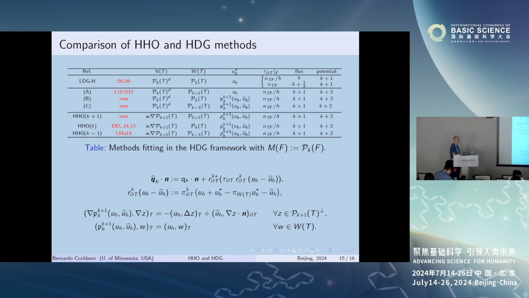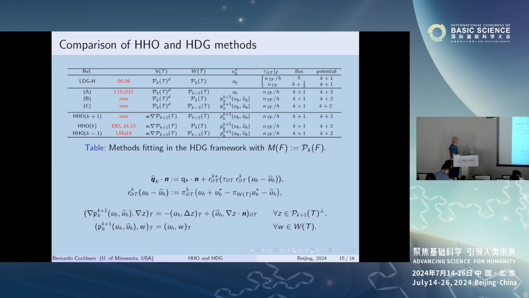You were asking about the LDG. They have different spaces. This space is much smaller than that. This space is a little bit bigger, but not too much. Well, no, in the same space. And so they can achieve k plus 2 instead of k plus 1. So we cannot achieve that much.